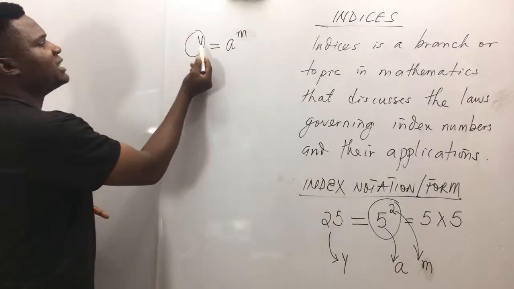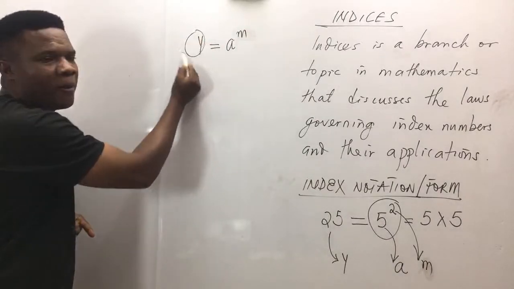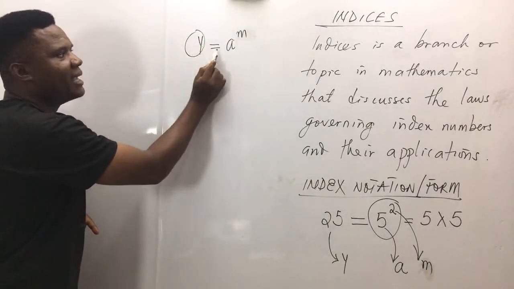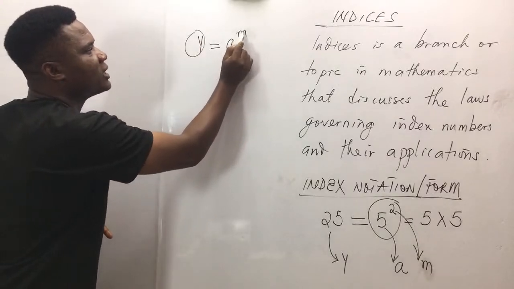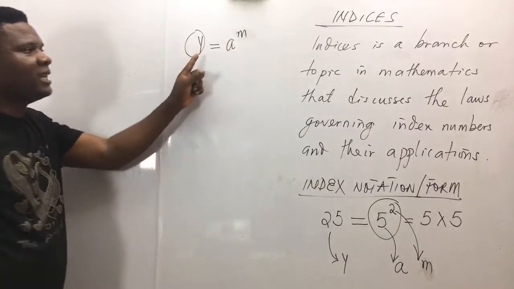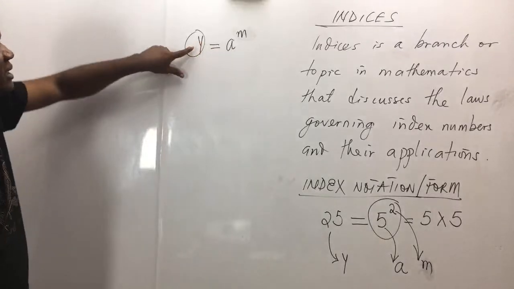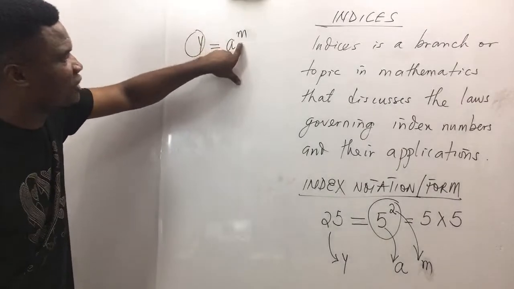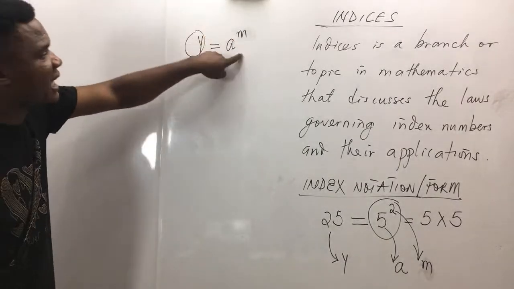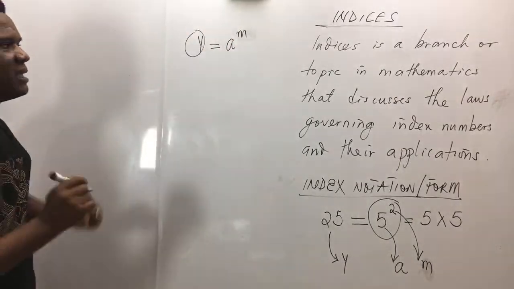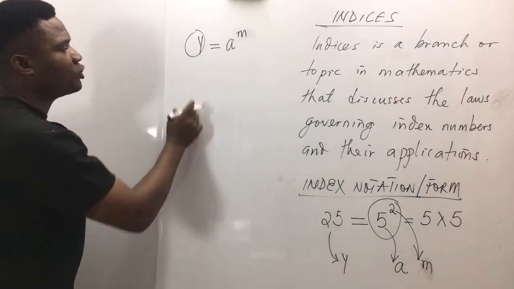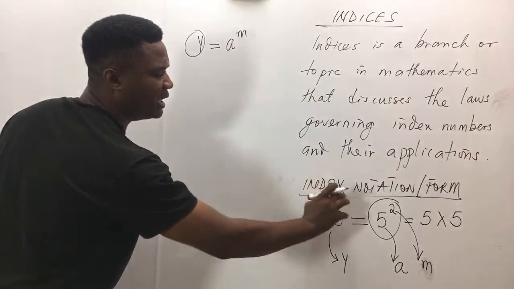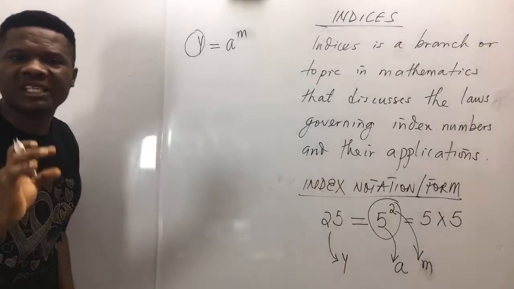So when it is possible to express a number, say y, in the form a raised to the power m, this form of writing the number y is said to be the index notation of y, or the index form of y.